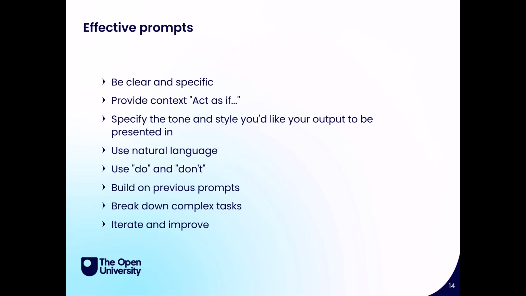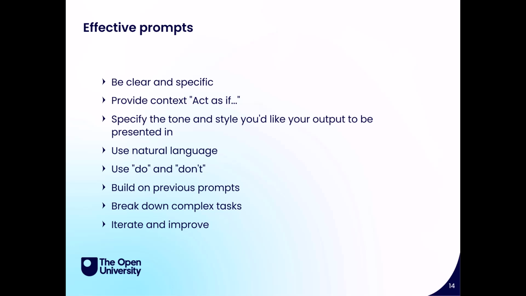Write your prompts in natural conversational language. Don't worry about having to think like a machine. Ask your question as if you're having a natural conversation with the tool. Specify what you do and don't want the tool to provide. For example, you want it to provide a list. Build on your previous prompts by carrying on the conversation.